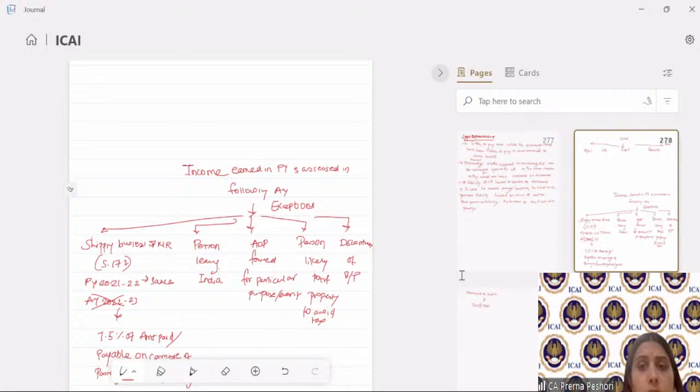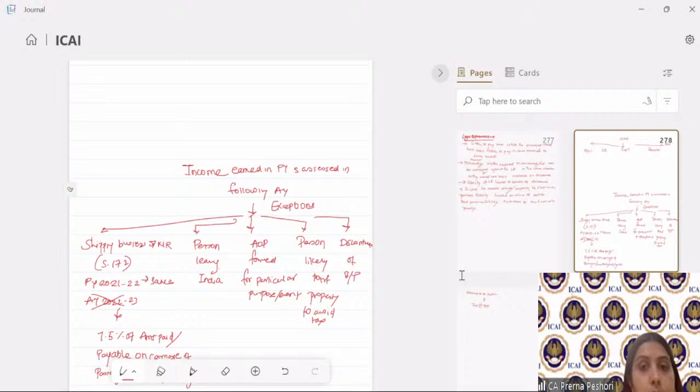Is that clear? And say for example, after discontinuance, if any assessment proceeding is going to get continued, then the proceeding may be continued against the member of the AOP or the legal representative of any deceased member, and the liability of the legal representative of the deceased member will be limited to the estate of the member.